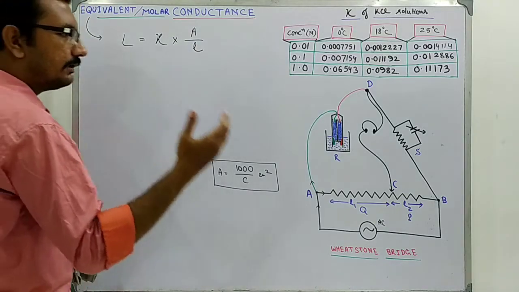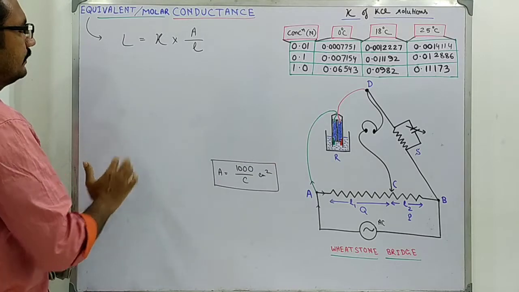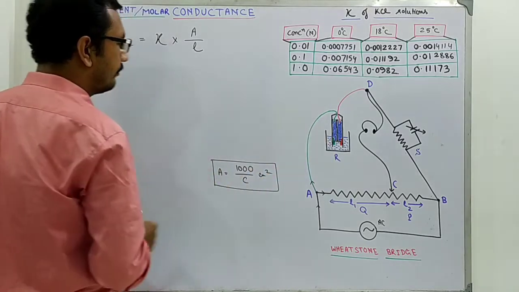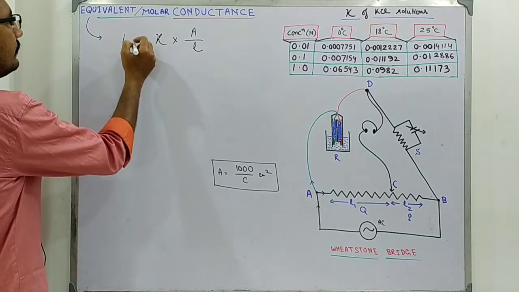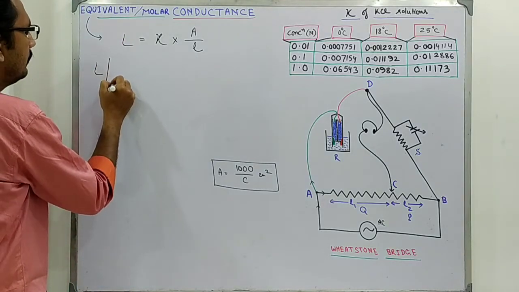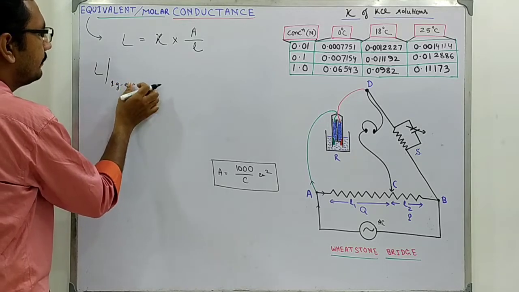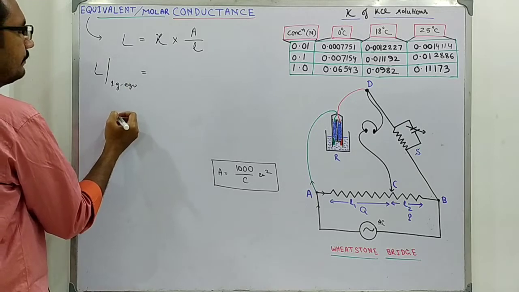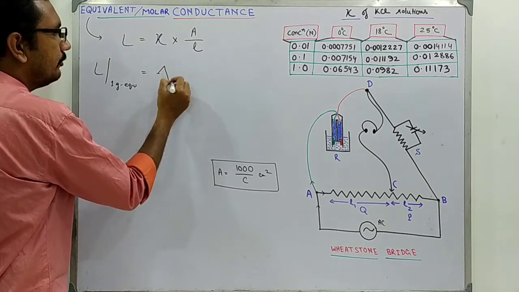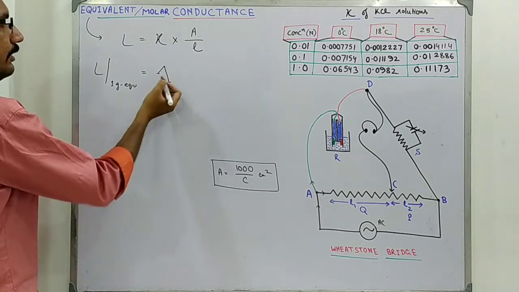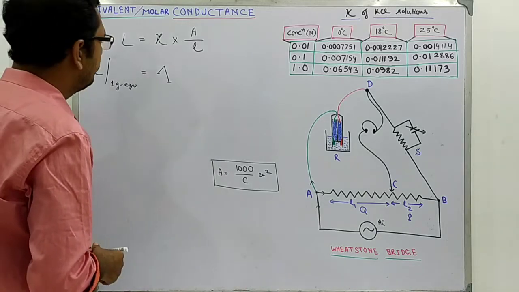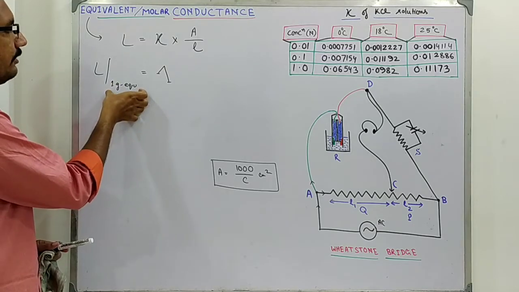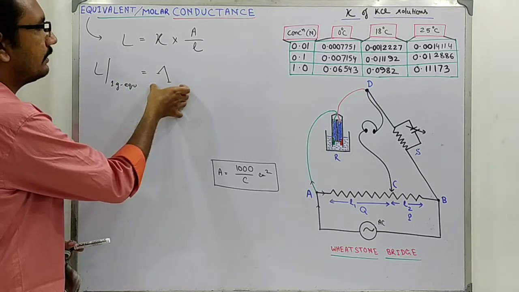Now, equivalent conductance is the conductance when we have 1 gram equivalent of electrolyte between the two electrodes. Its symbol is lambda. So, the conductance of 1 gram equivalent of electrolyte is the equivalent conductance.